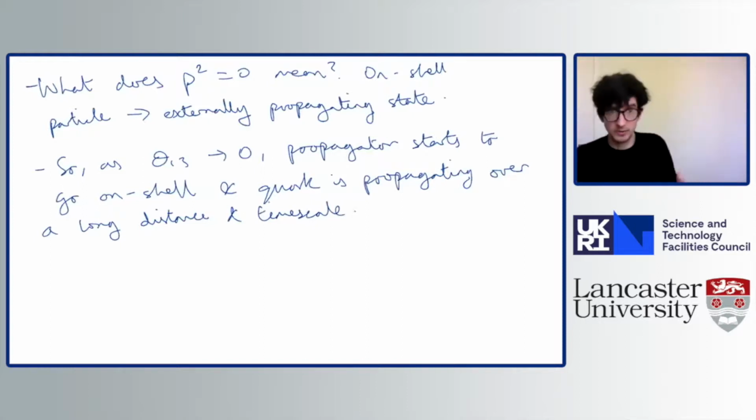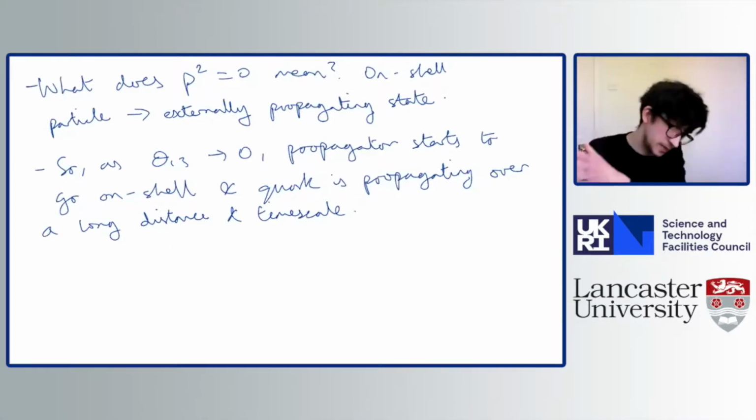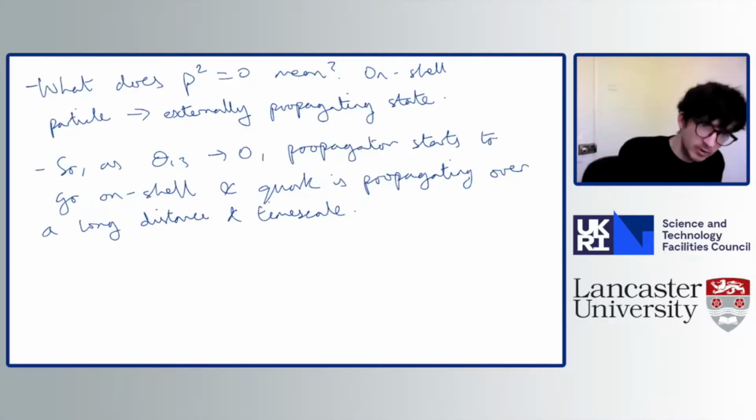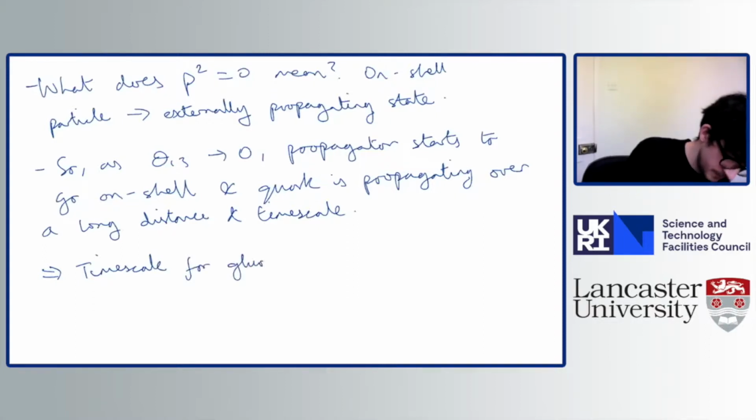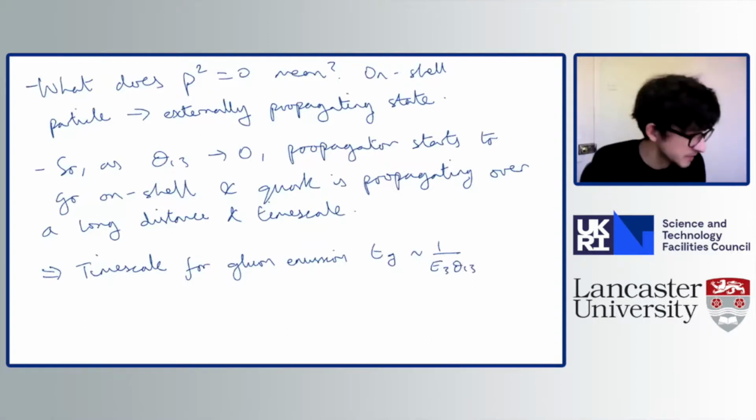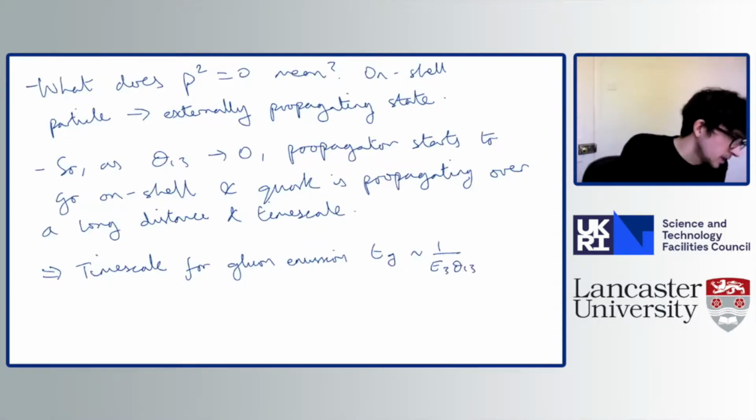Okay, now we just talked about a separation of time scales. We want one thing to be over a short time scale, the production of the QQ bar, and the hadronization to be on a longer time scale. And this is where we run into issues. So the time scale for the gluon emission is going to be of order, by the same sort of arguments, something like this, very schematically. In fact, perhaps even to write it like that might be more correct.